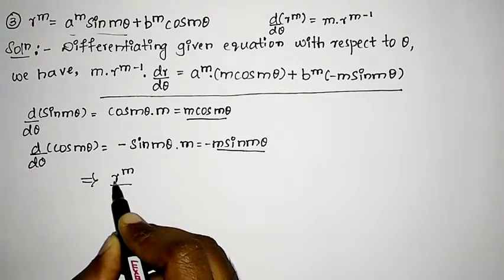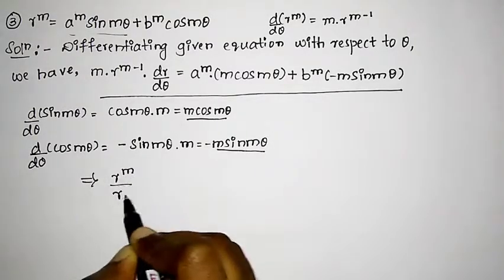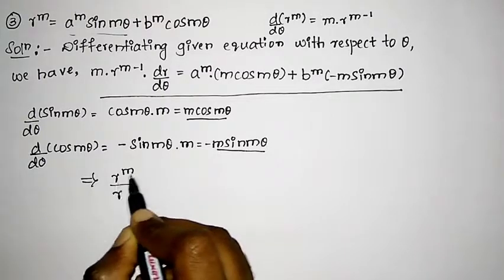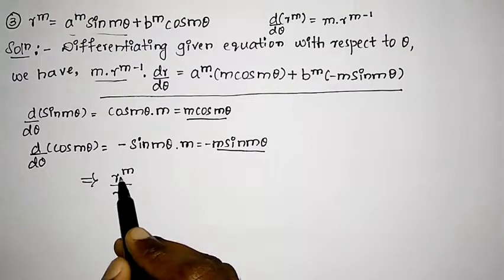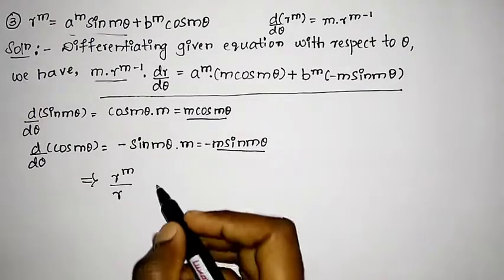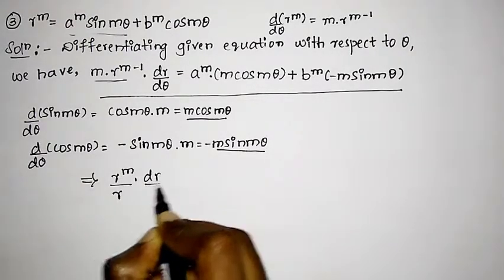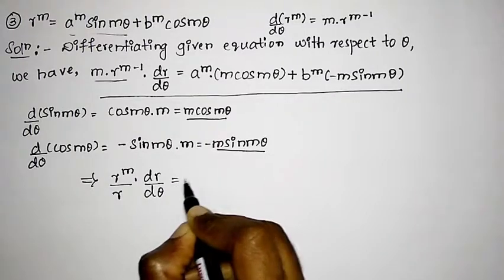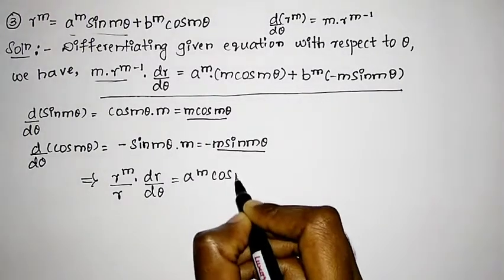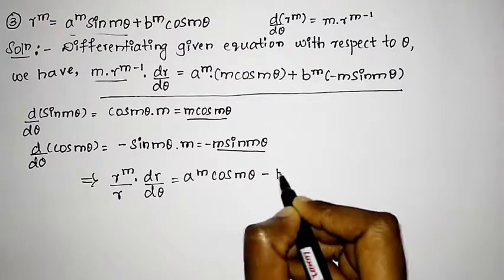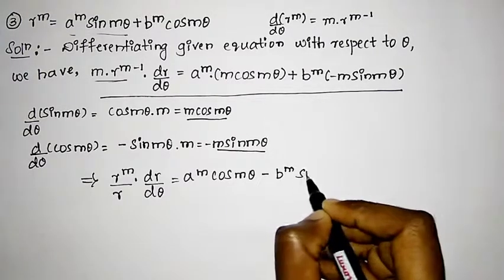If you take r in the numerator, it will be minus 1. So we are writing this in the form of m into r raised to m divided by r into dr upon d theta is equal to a raised to m cos m theta minus b raised to m sin m theta.